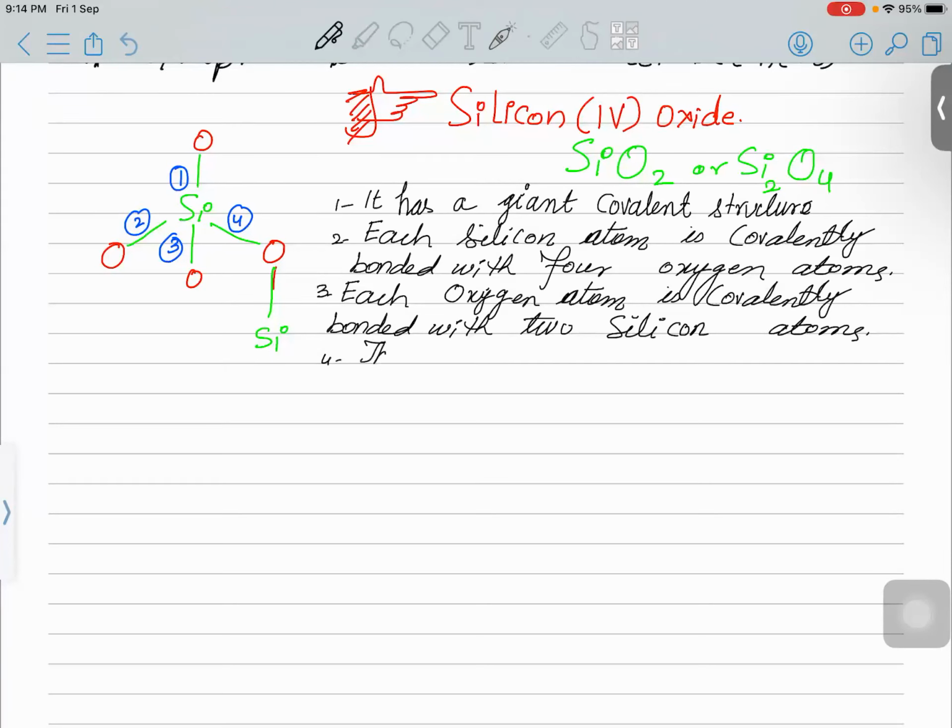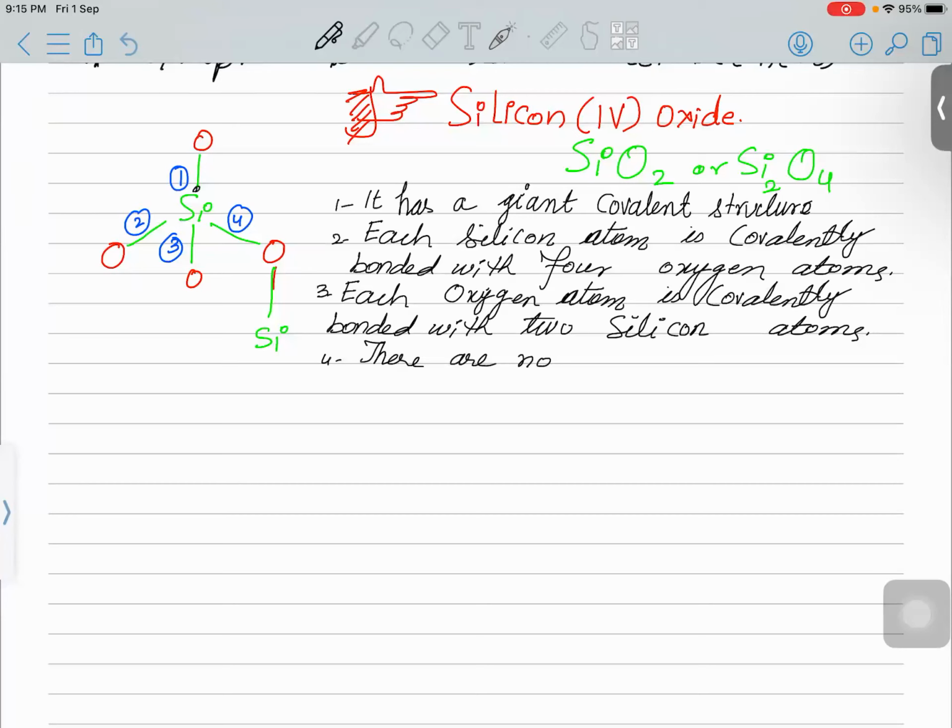Silicon follows the octet, so around silicon we have eight electrons. But silicon belongs to group 4, so it has 4 valence electrons.